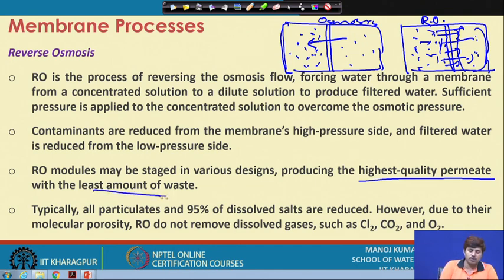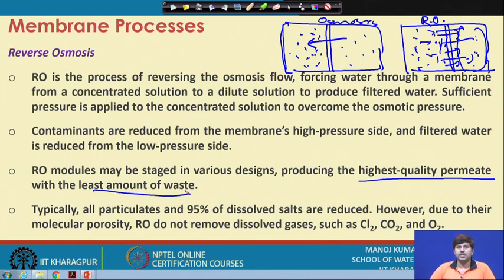So, how much waste is being generated? Initially RO used to generate 3 liters of waste for 1 liter of treated water, so the reject used to be 60%, 70%, 80% that way.